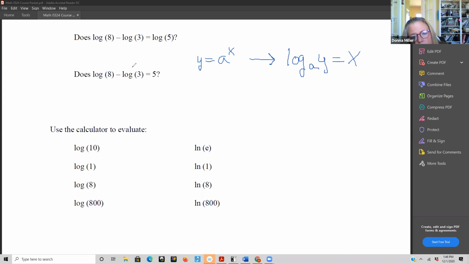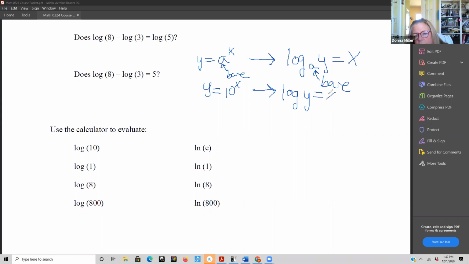So I switch x and y, and this right here is your base. This is what they call the base of the logarithm. It's a subscript. And when it's 10 to the x, when the base is 10, the log is base 10. Base 10 is kind of a default, so they don't write the 10 here. It's implied there's a 10. So it's log base 10 of y equals x.